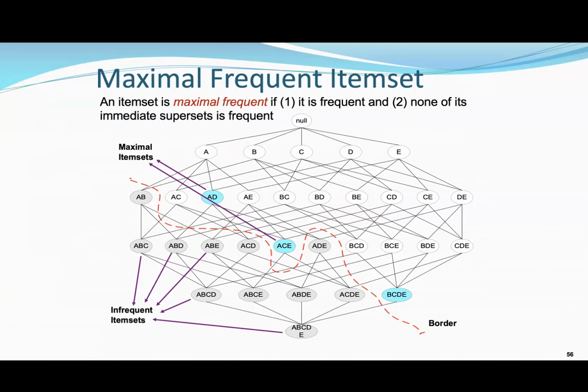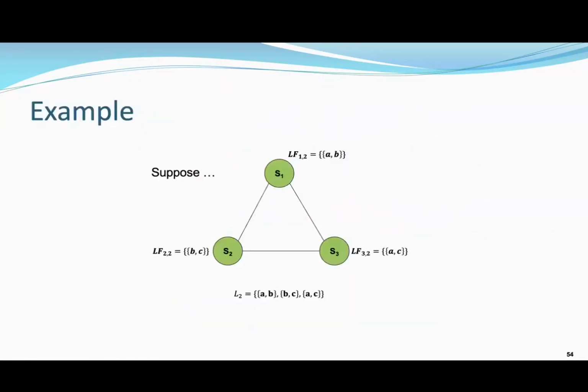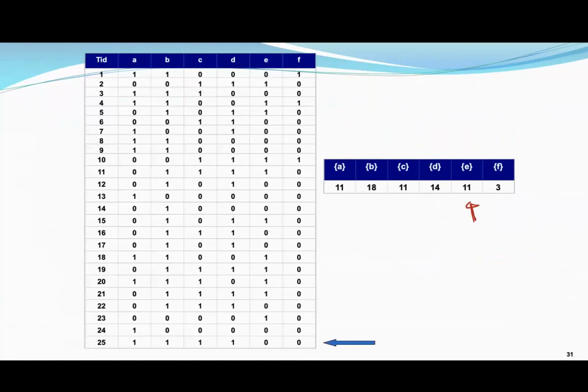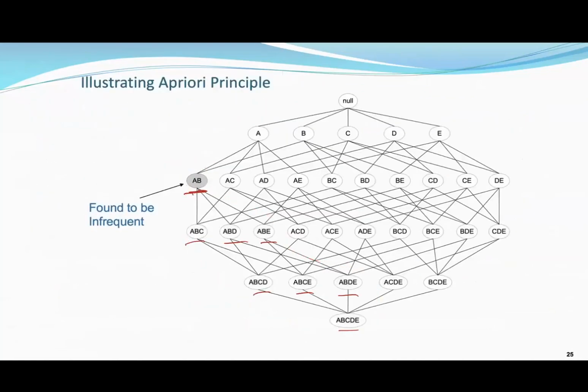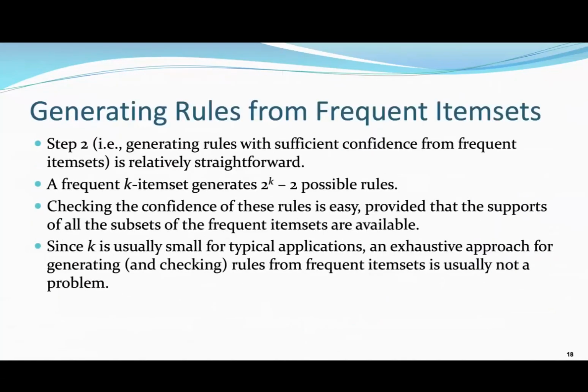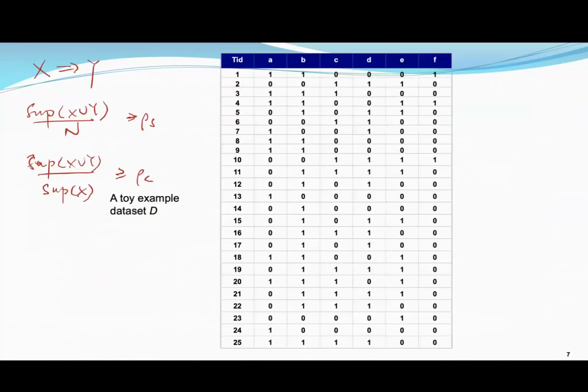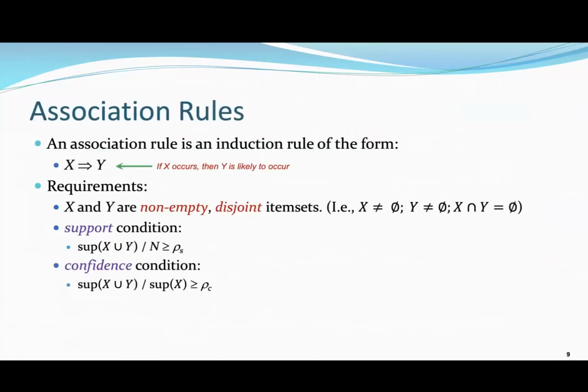Now, another thing that we would like to discuss is some compact representations of the mining result. Previously, many slides back, we said that given the data set, our objective is to first find all the frequent item sets.